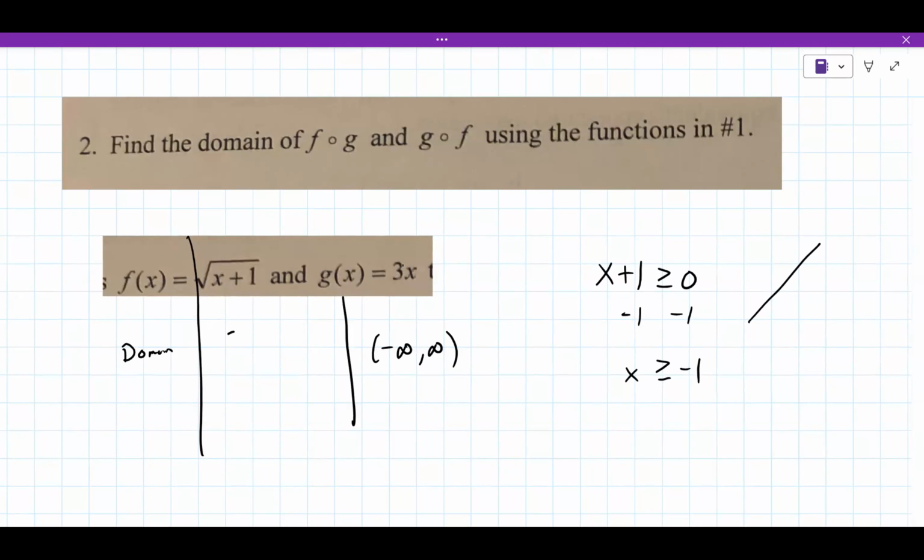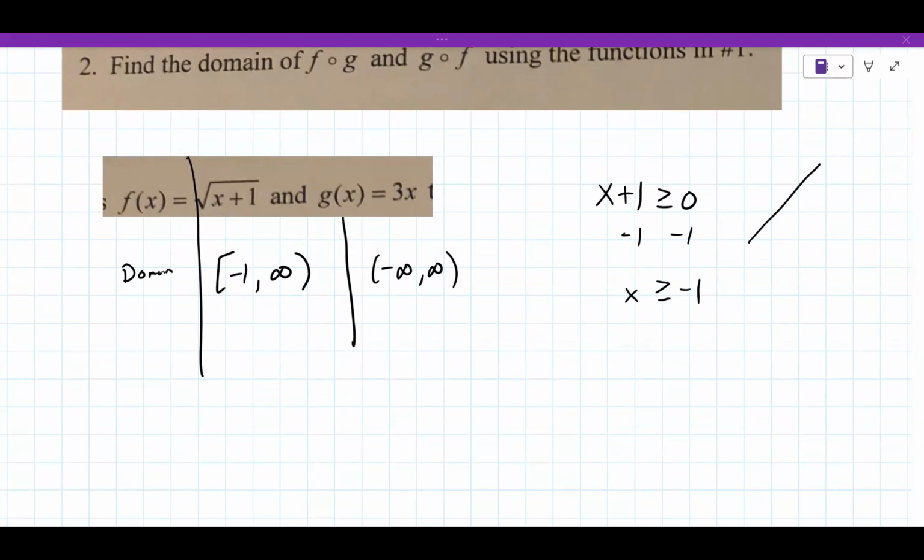That's the domain, -1 to infinity. This is just the start. You typically find the domain of the original functions, then we can do the domain of the composition.